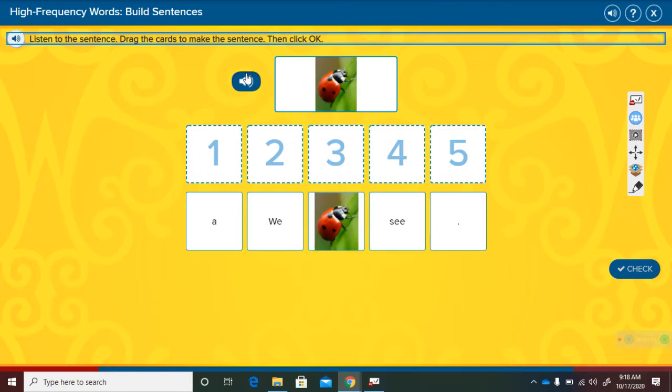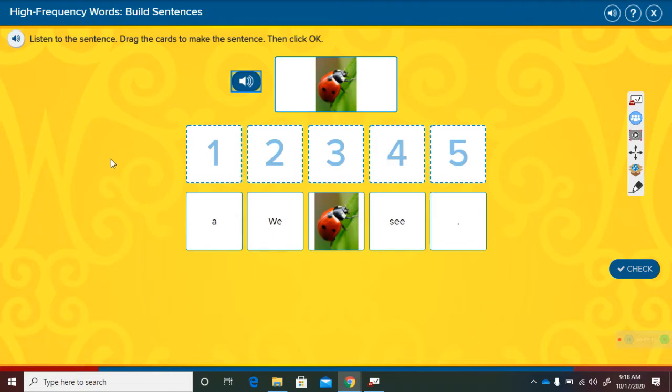Let's listen to this one. We see a ladybug. Oh, we get to find the sight word we in this sentence. Can you find the sight word we down here? Yes, it's right here. And look, when we were learning we before, we did it like this.